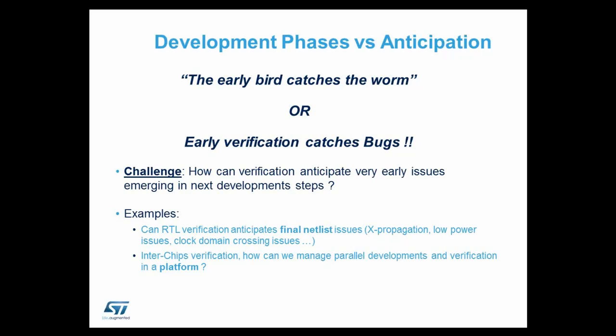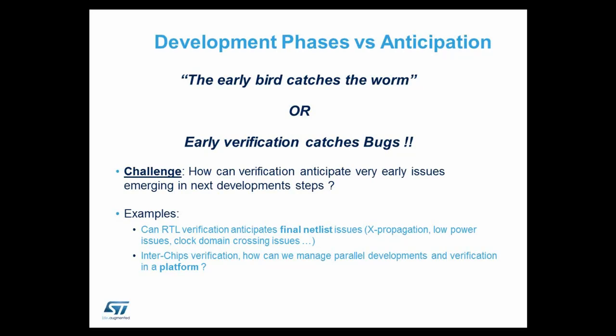I put here two kinds of examples. The first one is RTL verification. How can we break the optimism of RTL in verification, to be sure that we are seeing the bugs emerging in the next development phases?